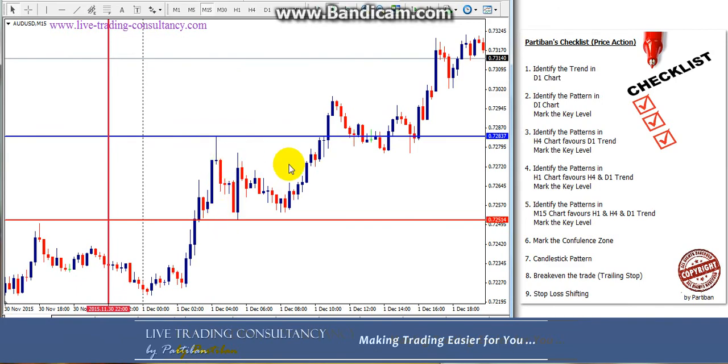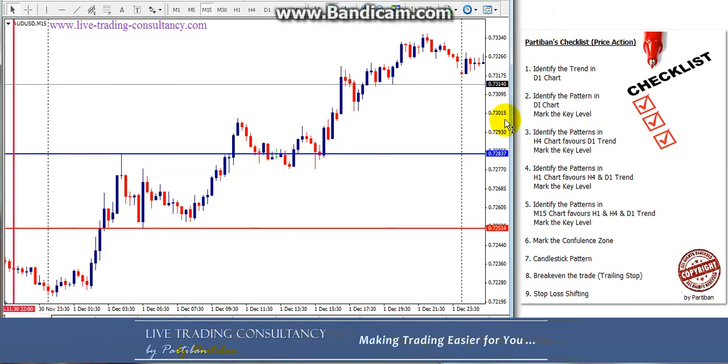For the first time entering, once I see that, I'll mark this higher high, higher low, higher high, higher low. You see, this is called a confluence point, an overlap, where the blue line is in the daily chart, and in H4, H1, and M15, this is the region.